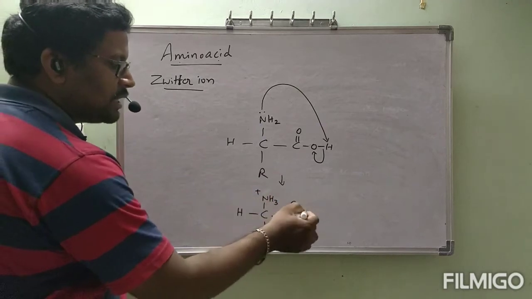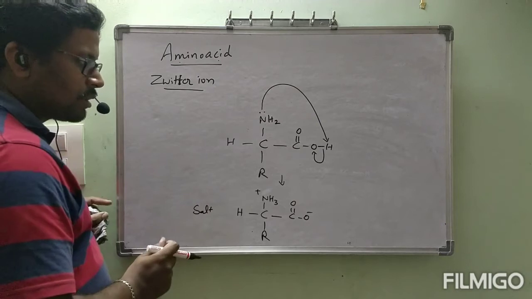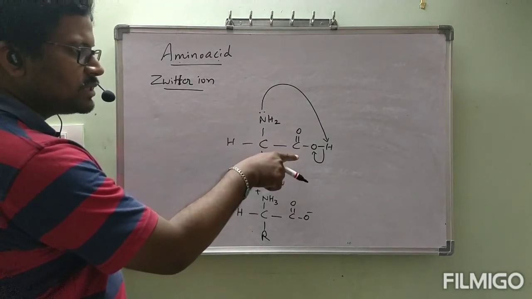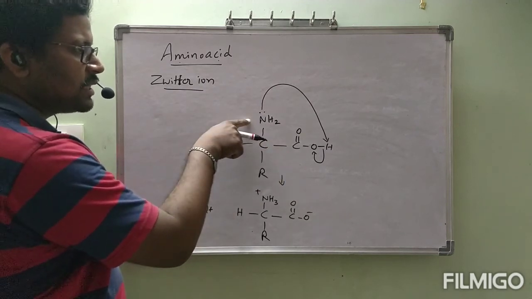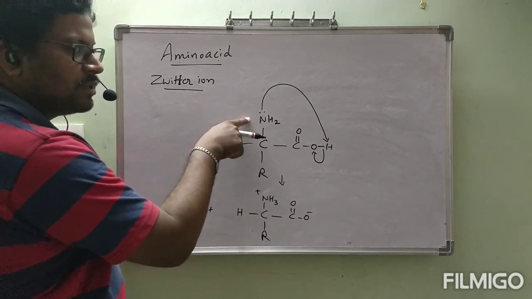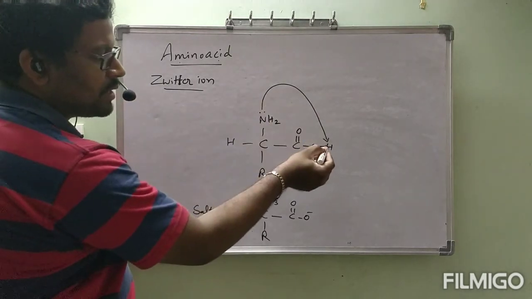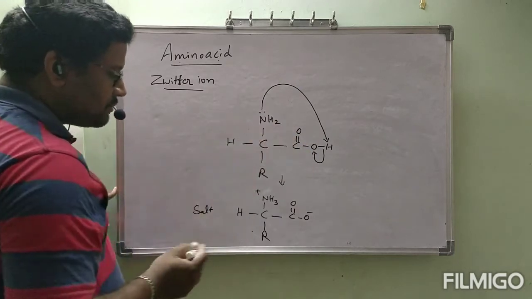It contains a positive charge and a negative charge, like a salt. It is basic in nature and acidic in nature. Acidic nature means it has the capacity to donate H plus ions. Basic nature means it has the capacity to donate a lone pair of electrons. This is a Lewis base now. This one will donate the lone pair of electrons to this H plus, and it is formed as NH3 plus, and this is COO minus.